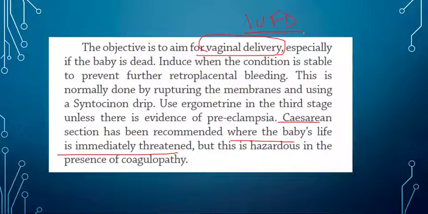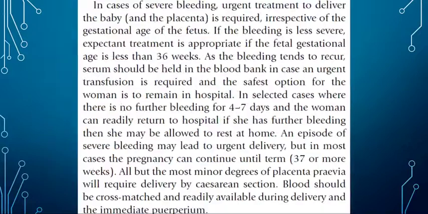Most of the time you will just wait for the delivery to happen, and sometimes you can do induction of labor by amniotomy. So if the baby is dead, then usually you don't need to go for CS. You first go for rupturing the membrane, which is artificial rupture of membrane or amniotomy, followed by vaginal delivery. Okay, so this is the management that you need to remember.